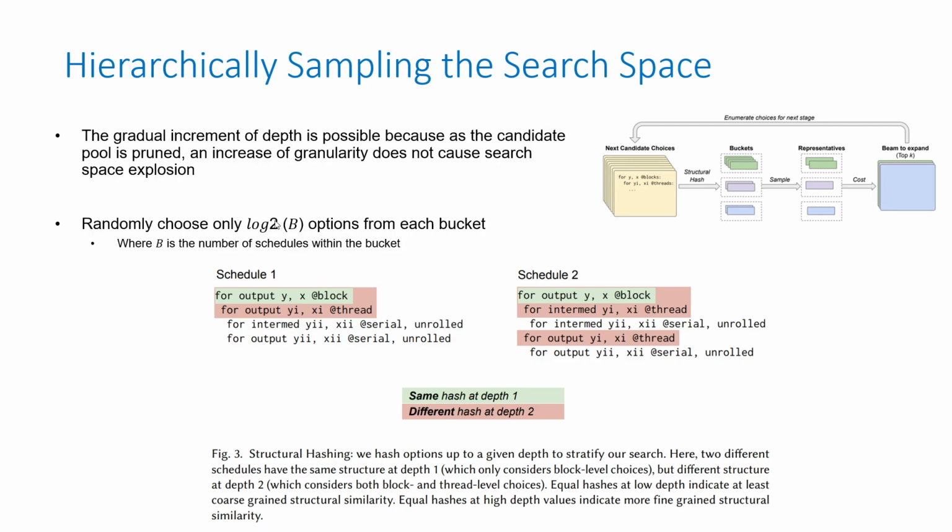As I mentioned before, as you keep pruning schedules according to their performance based on the cost model or the benchmarking, you can gradually increment the depth of the schedule. And for choosing the representatives, they use log2(b) options from the bucket. You can see that it's more than one. What they choose is based on that, and b is the number of schedules in the bucket.